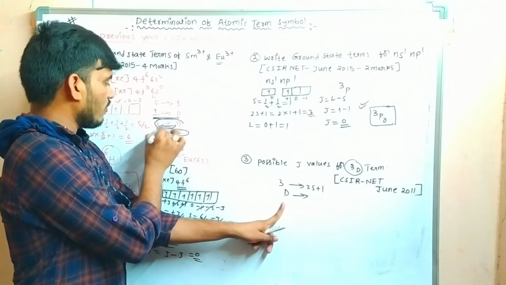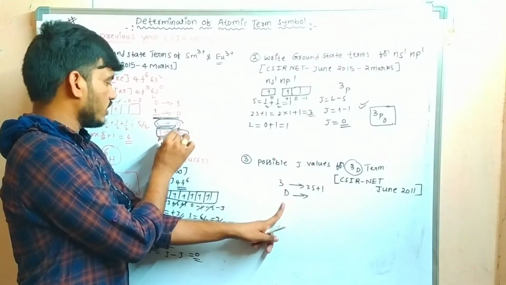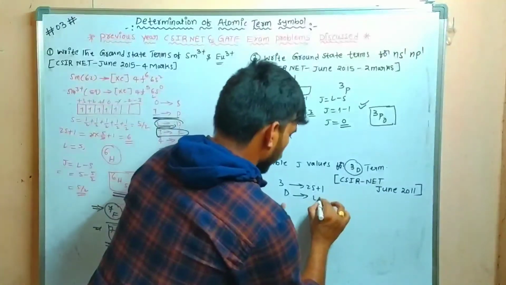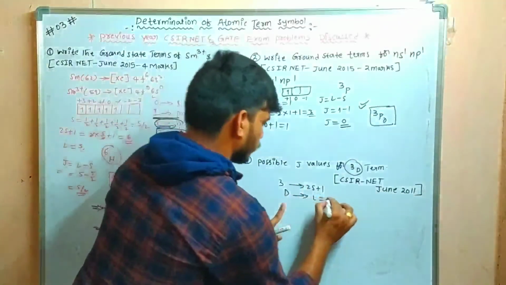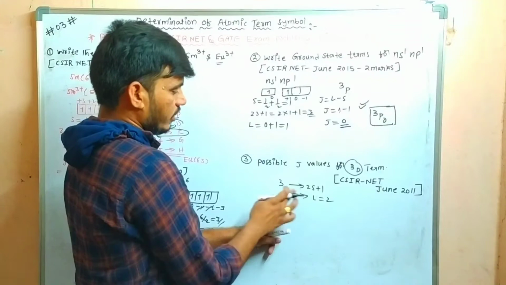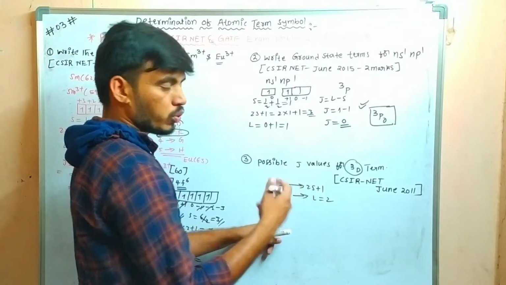So the L value and spin multiplicity value are given. Now we have to calculate the J value.